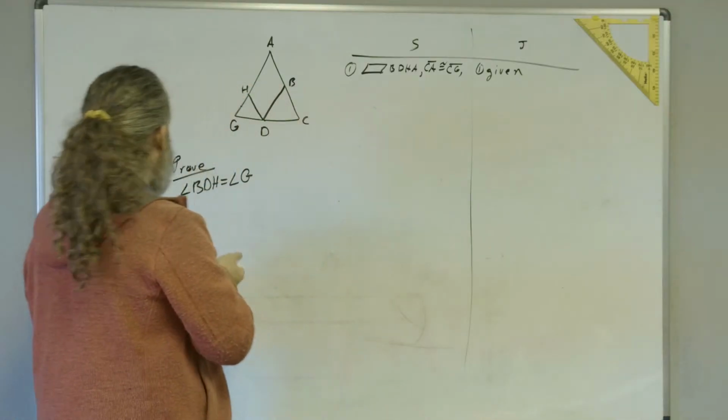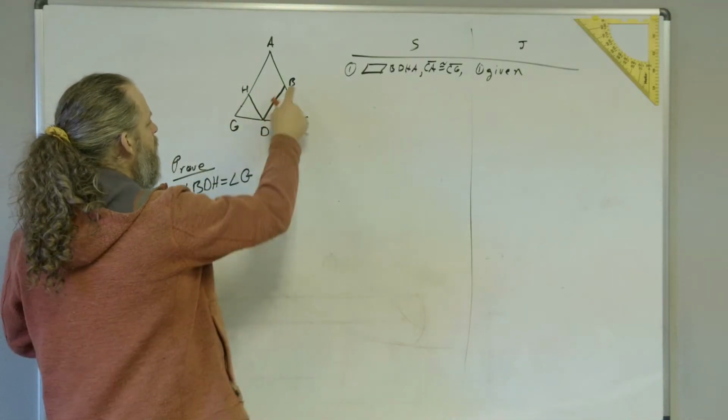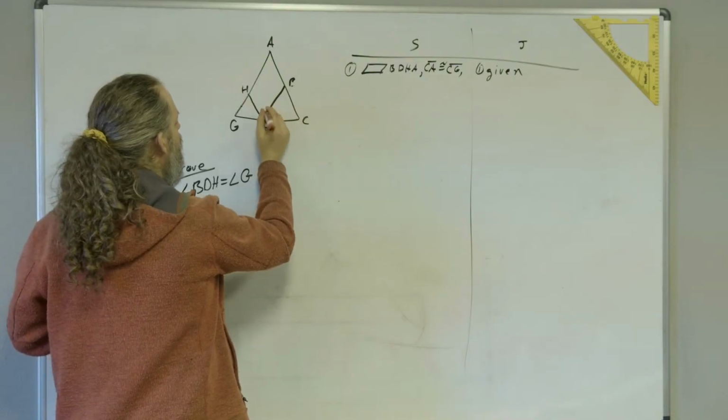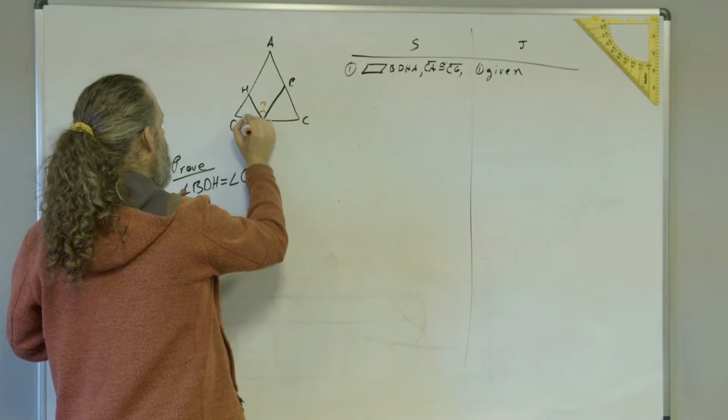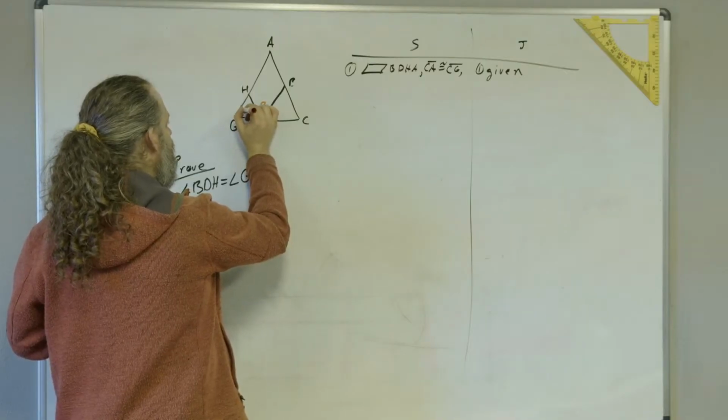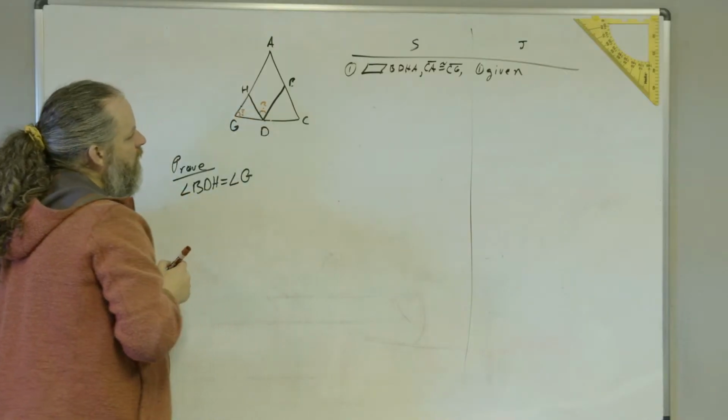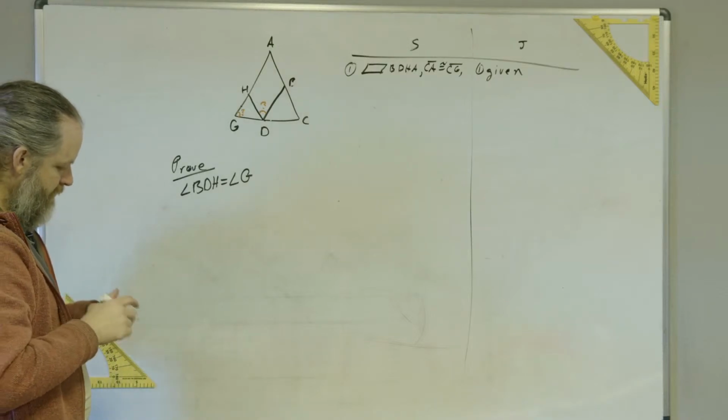So we're trying to prove BDH, so this one is congruent to this one, right? That's what we're trying to prove.